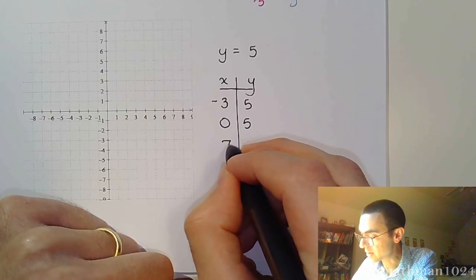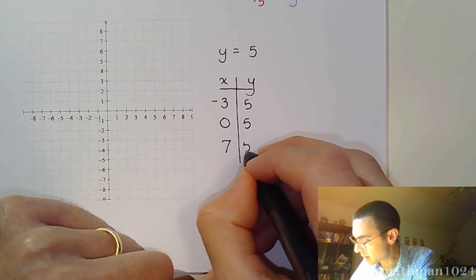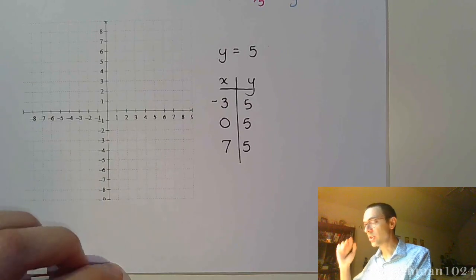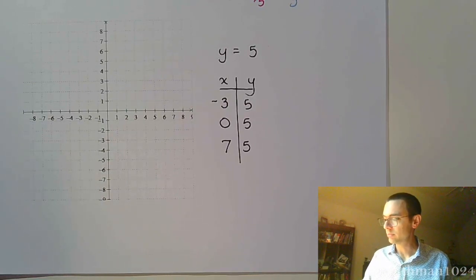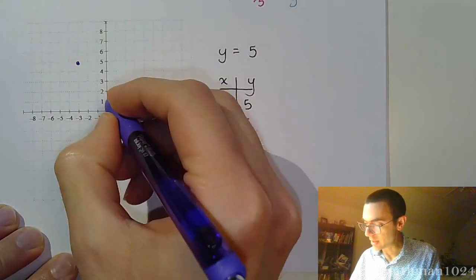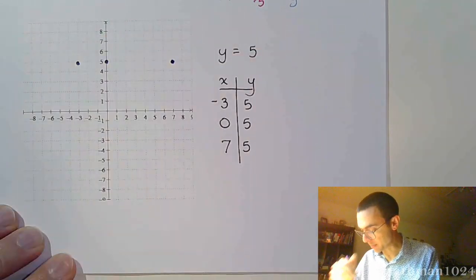If I plug in 7, there's still no x, and you're still going to be left with y equal to 5. And so we can use these points to get our graph. So you've got -3, 5, 0, 5, and 7, 5.